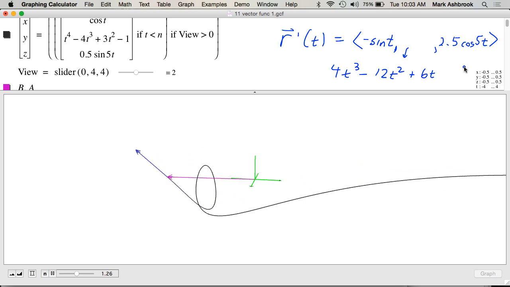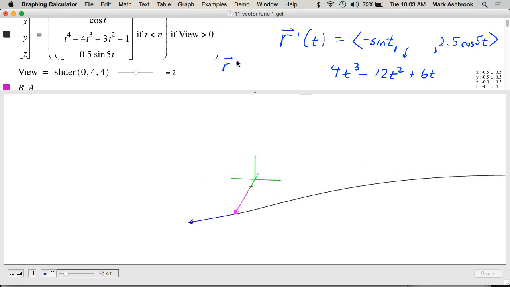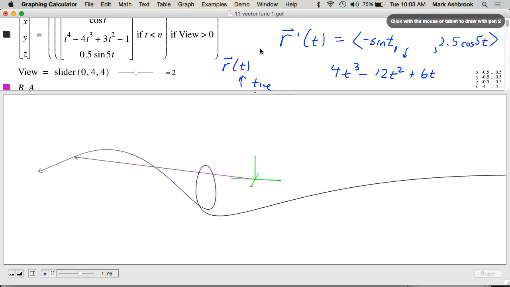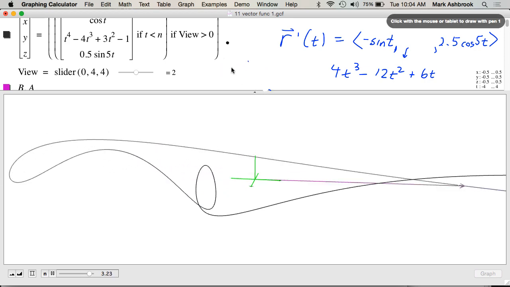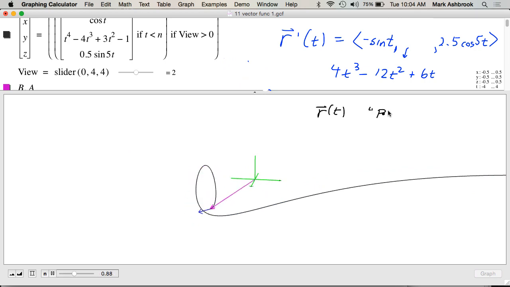A very common application of these vector functions for space curves would be that r would be position, right? So not always, but t would be time. So position at time t.